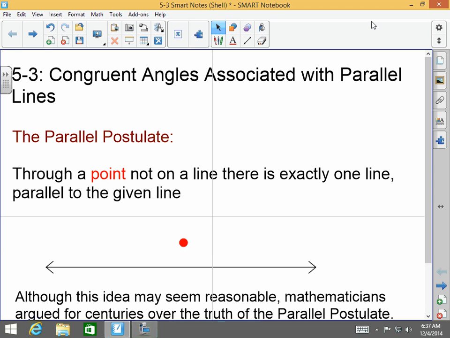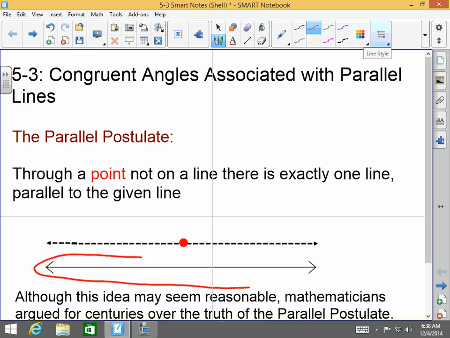The parallel postulate states that through a point not on a line, there is exactly one line parallel to that given line. So if you have this red point that you see, and this line below it, and we draw a line through that point, there is another line that is parallel to it, right here.